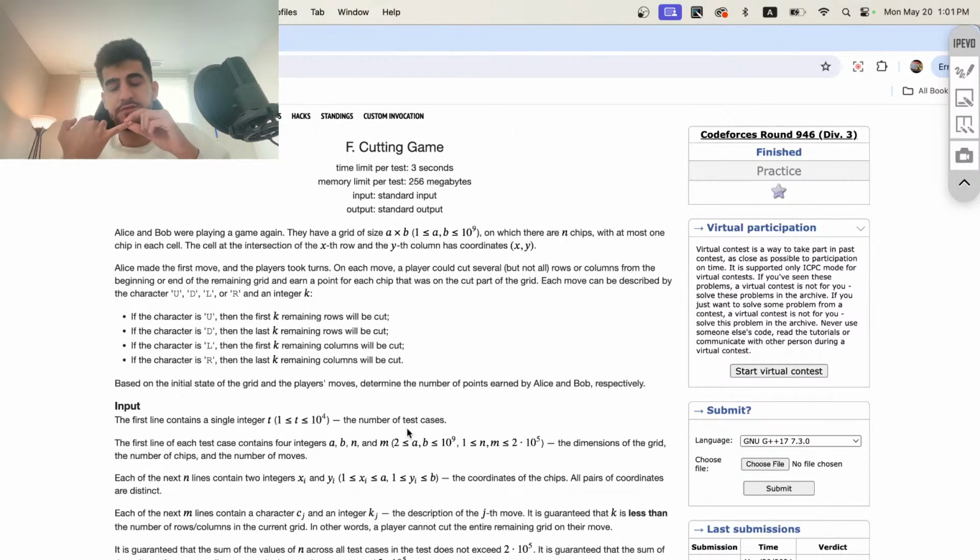In the first one we sort everything by their x value in ascending order, in one by their y value in ascending order, in one with x value in descending order, in one with y value in descending order. Whenever we want to cut from the right or left or up or down, we just iterate over our sets, and as much as we can remove elements, we will remove elements. So that's the general idea for problem F.